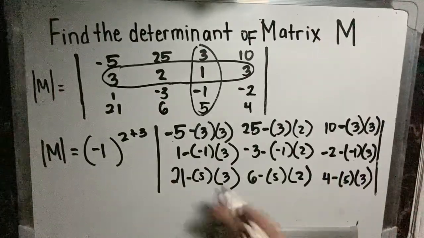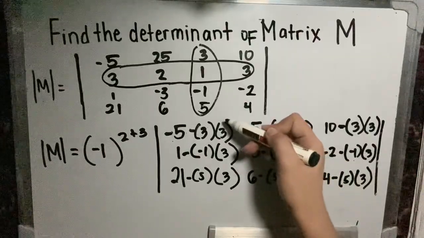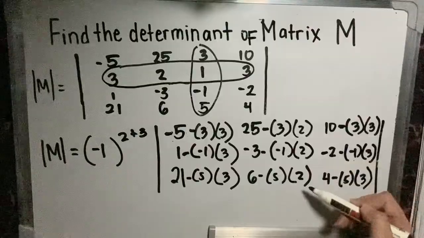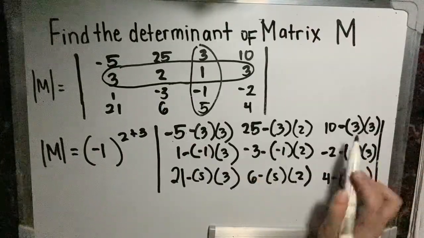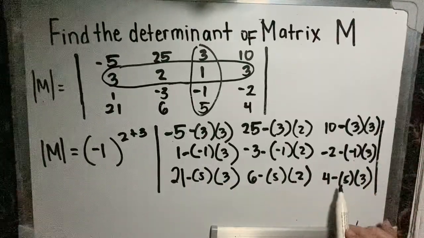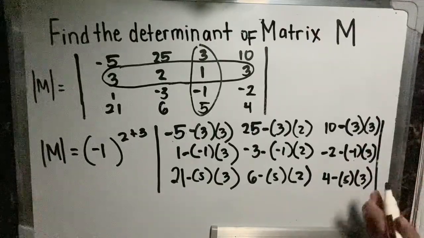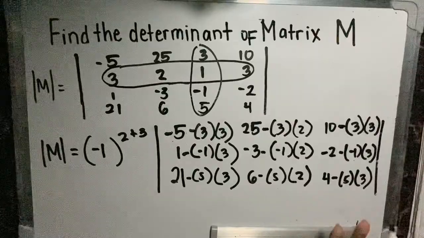And as we notice this one, makikita natin yung pattern. And because kung makikita natin tong column na to, we have 3, 3, 3, 2, 2, 2, 3, 3, 3, and this row, 3, 3, 3, negative 1, negative 1, negative 1, and 5, 5, 5. Para hindi tayo malito, sundan lang natin tong pattern na to. Para makita natin kung tama ba yung answer natin or yung process na ginagawa natin.